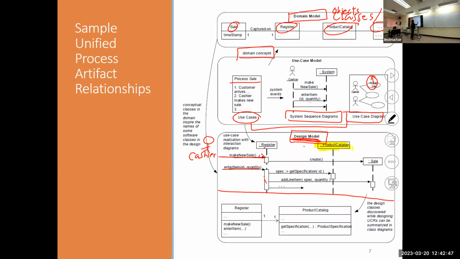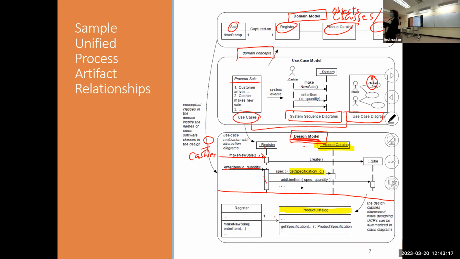When we have an object of the class product catalog here, it means you need to have a product catalog class in the class diagram. And if the product catalog has a method, someone can call this method get specification, which may return the specification of a product.